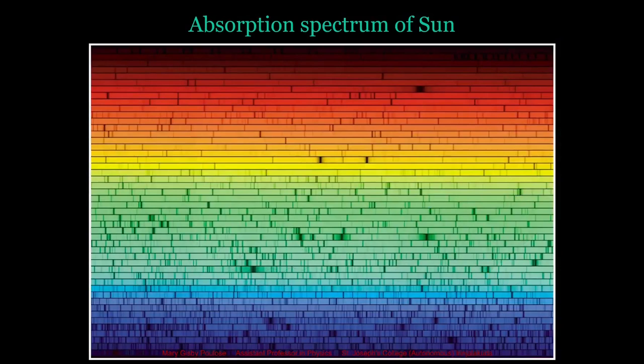This is the absorption spectrum of the sun. The sun is giving us an almost wide continuous spectrum, but if we study it closely, we see that there are a lot of gaps, a lot of spectral wavelengths that are missing. So we understand that these particular wavelengths show the presence of gases in the sun.